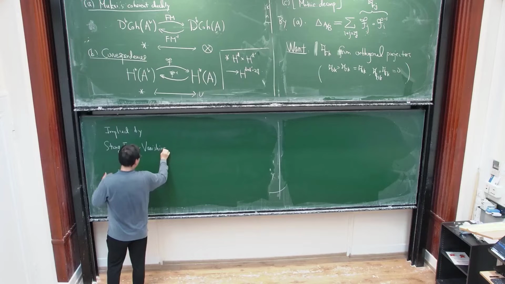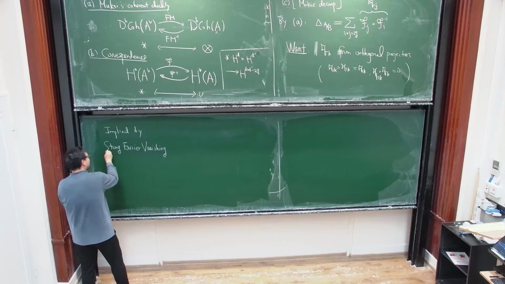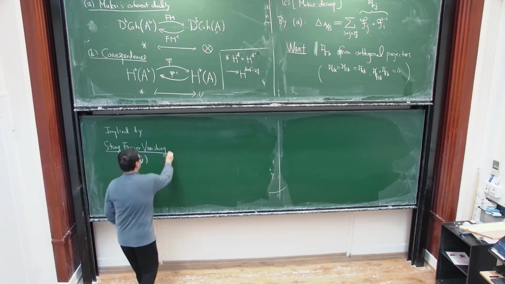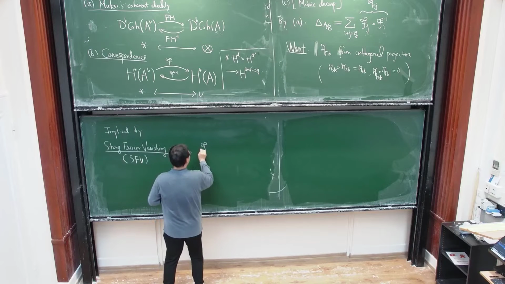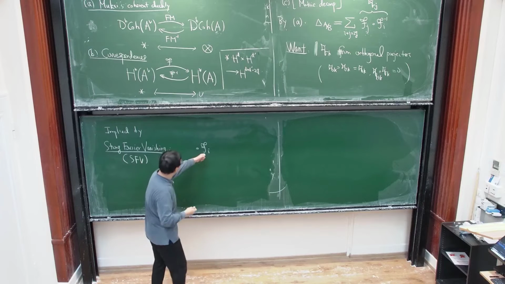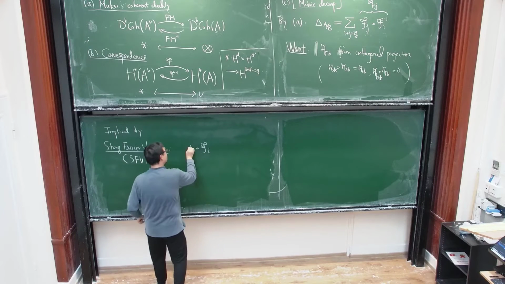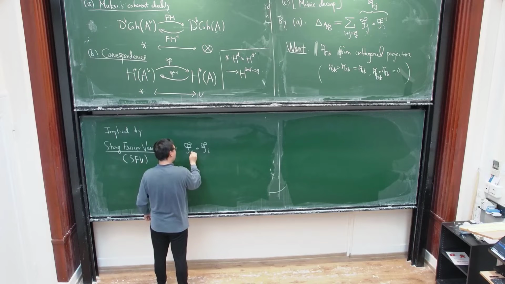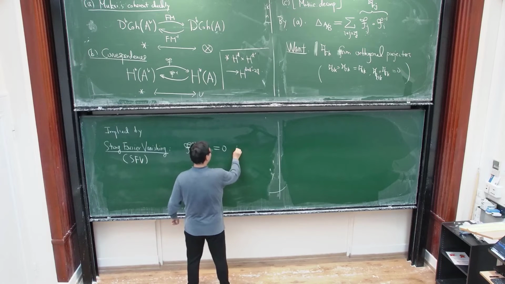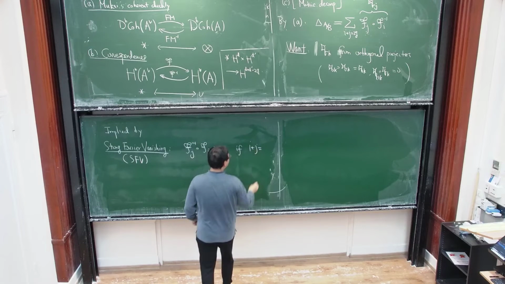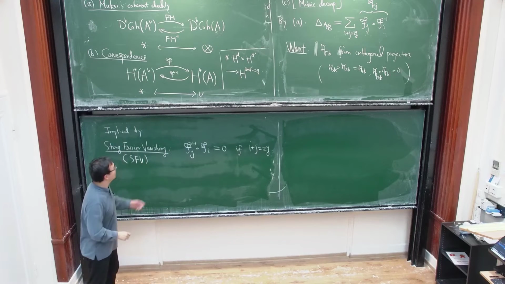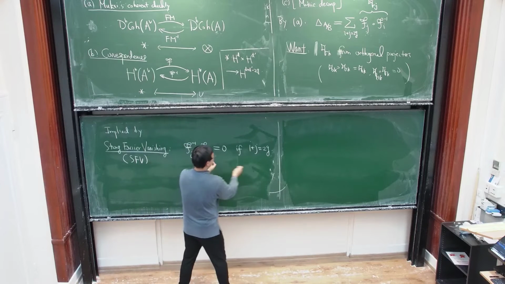It's not hard to guess there would be Fourier vanishing without strong later. I'll call this FV, which is that Fi is a correspondence from A to A dual, and you compose it with Fj inverse, which goes from A dual to A. And this is just 0 if i plus j is of the wrong dimension, which is not equal to 2g.